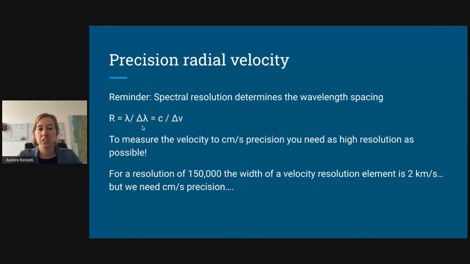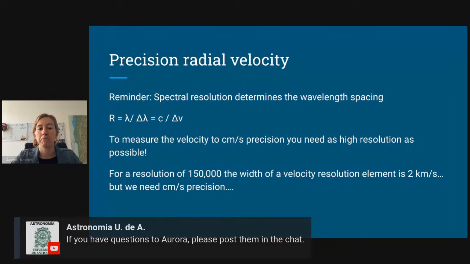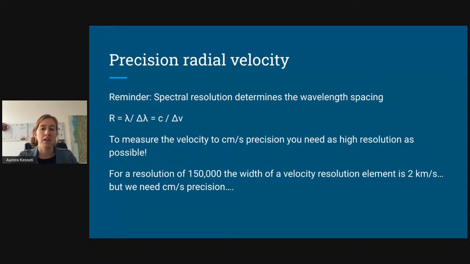So we want the smallest possible wavelength shifts. We can relate this to the radial velocity: the speed of light divided by the radial velocity change. So in order to measure centimeter per second precision, you need as high a resolution as possible.